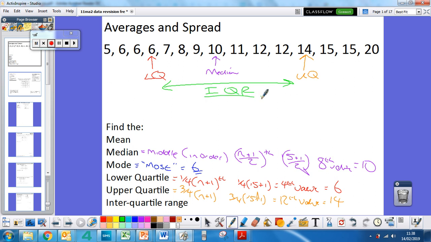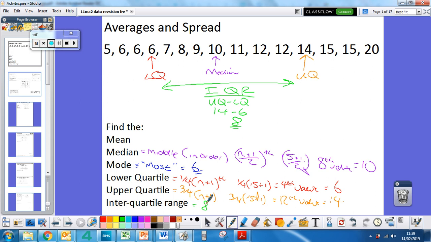It is simply the upper quartile take away the lower quartile, which is in this case 14 take away 6, which is 8. So our interquartile range, the distance between the lower quartile and the upper quartile, is in this case 8. A very simple thing to do.